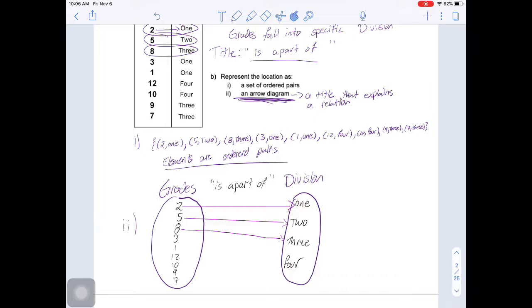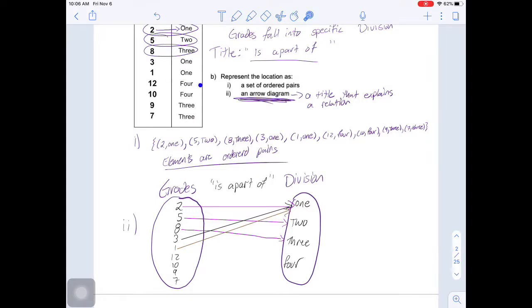Okay. Grade 3 is in 1. So now we have our first element in my grade set that goes to a division that's already been used. Okay. Grades 1 is also in division 1. So we're going to have another line that points to grade 1.